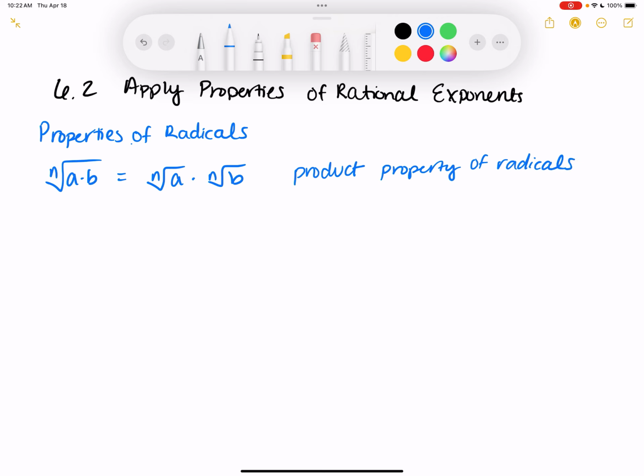And then we also have the nth root of a divided by b is equal to the nth root of a over the nth root of b, assuming that b is not equal to 0. And this is the quotient property of radicals.